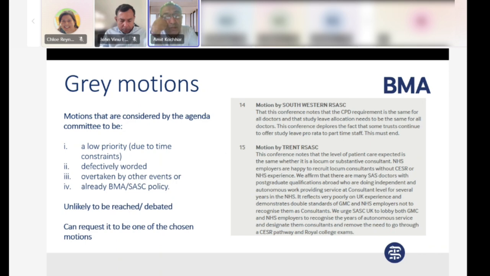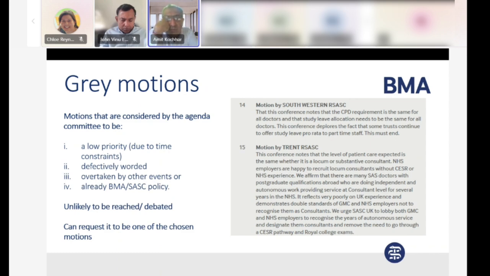If you just look at motion 14 in the gray, that this conference notes that the CPD requirement is the same for all doctors and that study leave allocation needs to be the same for all doctors. This conference deplores the fact that some trusts continue to offer study leave pro rata to part-time staff. This must end. Now, you're not sure what this motion is asking the BMA to do. Either it's asking us to make sure that the study leave should be same for all doctors or less than full-time doctors.